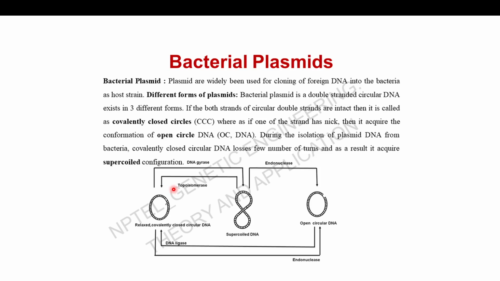Before replication, the strands are separated, and topoisomerase comes into play to release the coiling tension on the DNA strands. So if topoisomerase treatment is given to the supercoiled DNA, it can form this relaxed closed circular conformation.